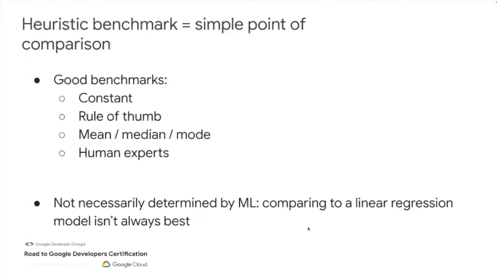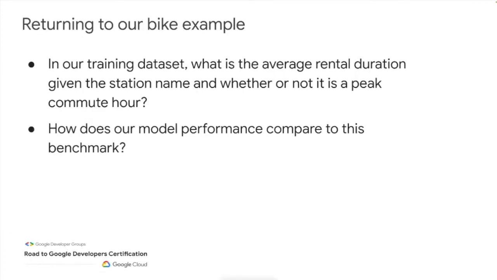And in our training example, what is the average rental duration given the station name and whether or not it is peak commute hours? How does our model performance compare to this benchmark? That is the question. You run a data analysis on our training data and then see how our model compares using this benchmark example.